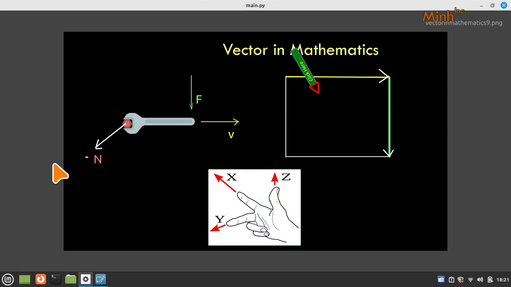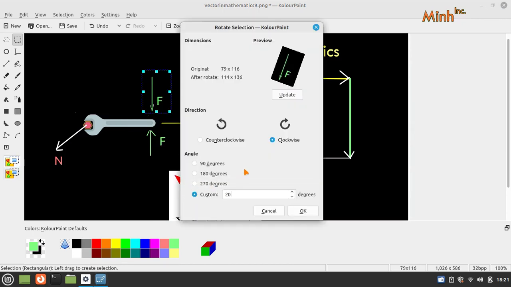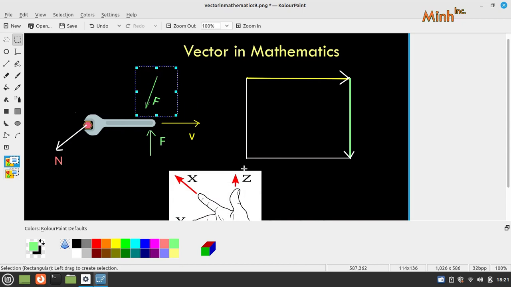Okay, so if I tilt this, whatever we are showing, if I tilt this like this, then this would lead to not a rectangle, so the area would be lessened.